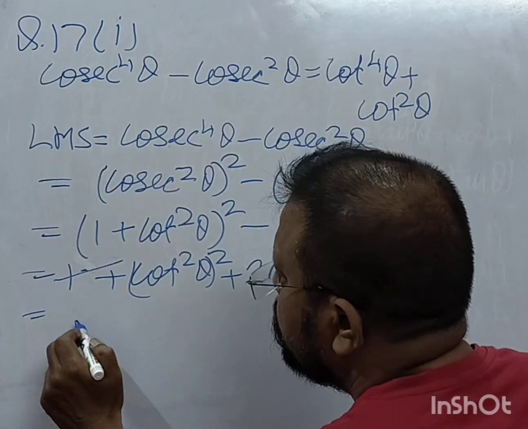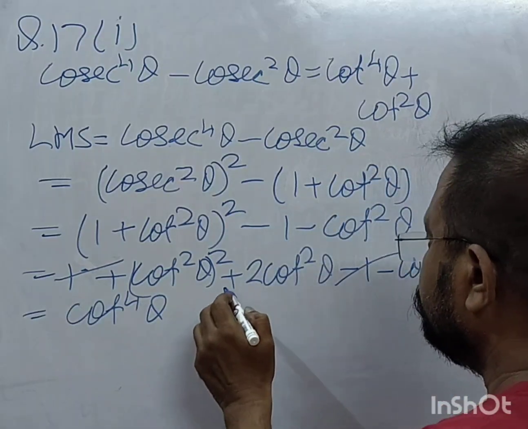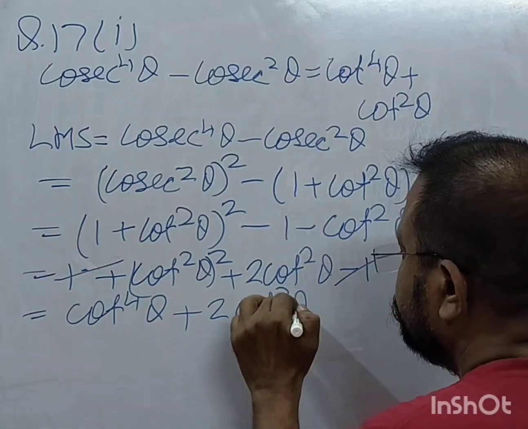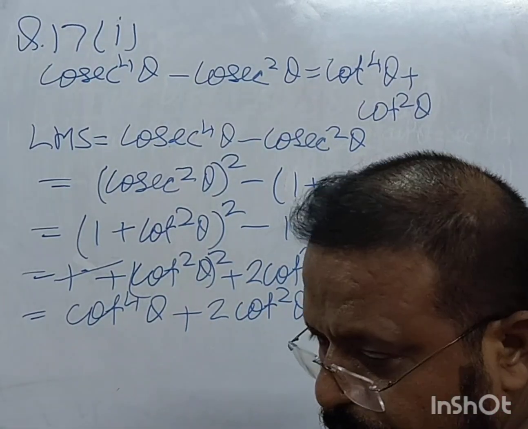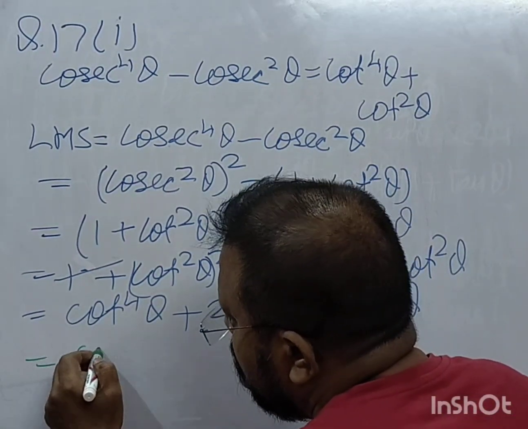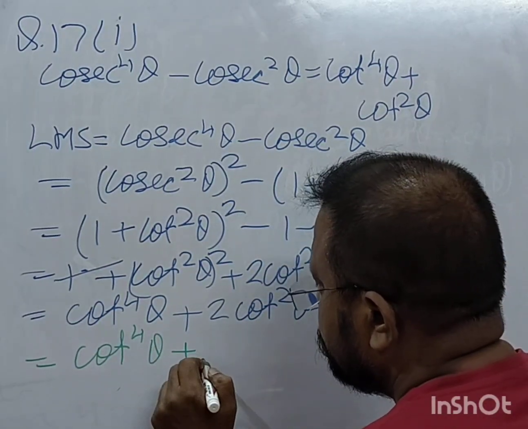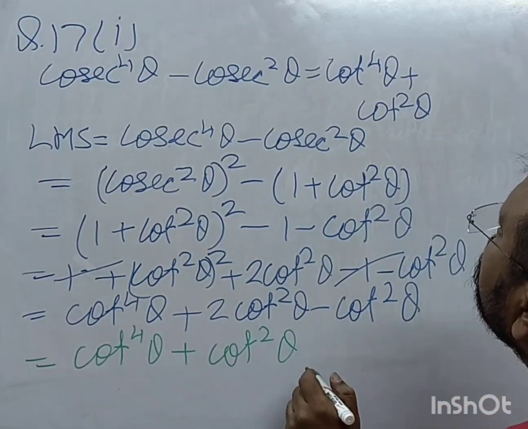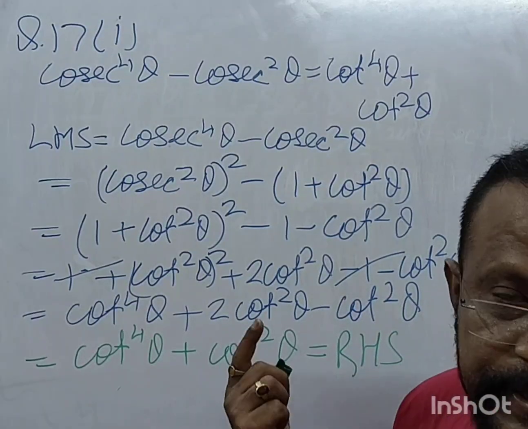This is cot raised to the power 4 theta plus 2 cot square theta minus cot square theta. So lastly what you get is cot raised to the power 4 theta plus cot square theta, right? That is equal to RHS. You get this?